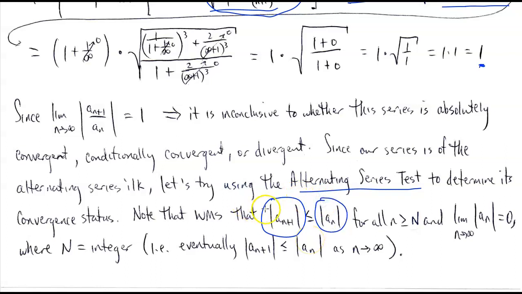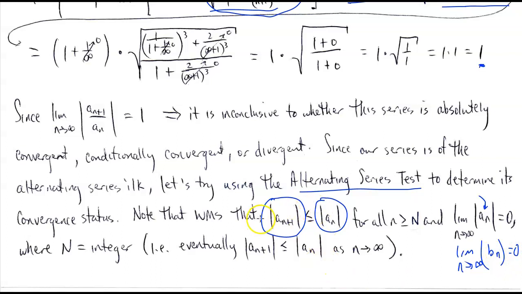So we need basically the absolute value of a sub n to be bigger than the absolute value of a sub n plus 1. And here we also need to make sure that whatever the absolute value of a sub n is, which is another way of saying the limit of b sub n, definitely goes to 0.